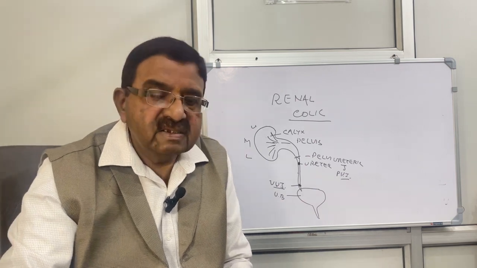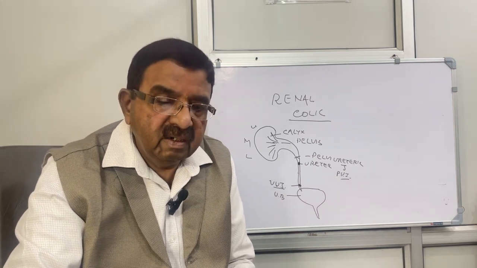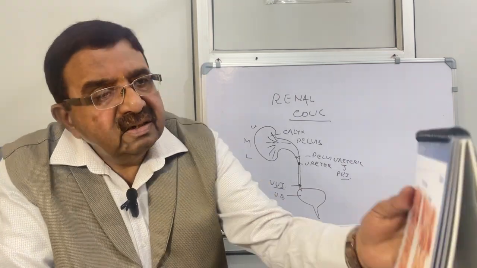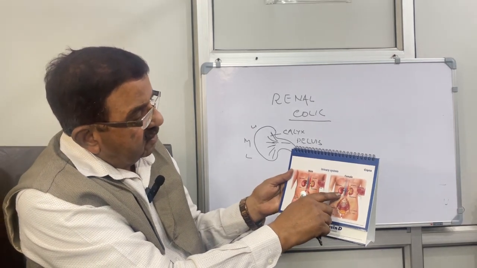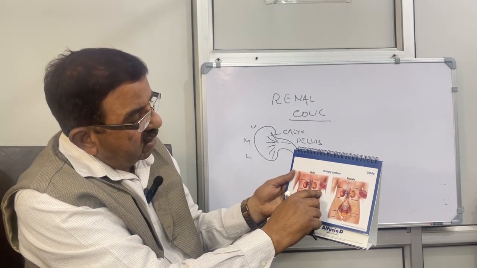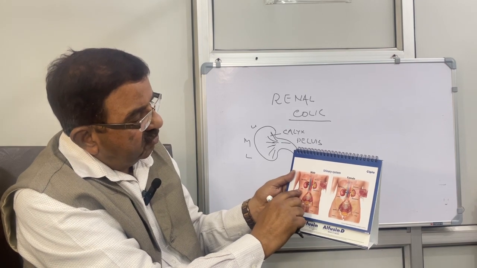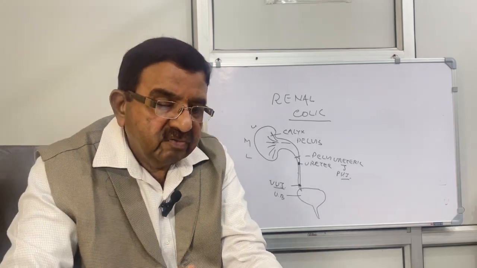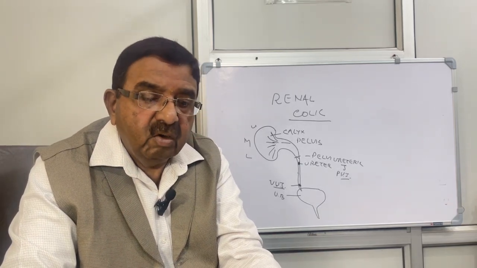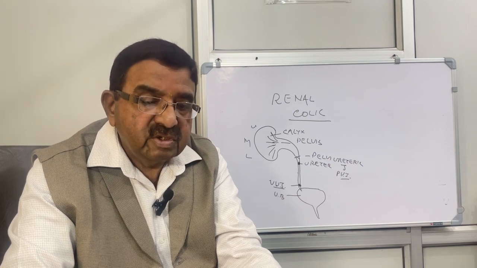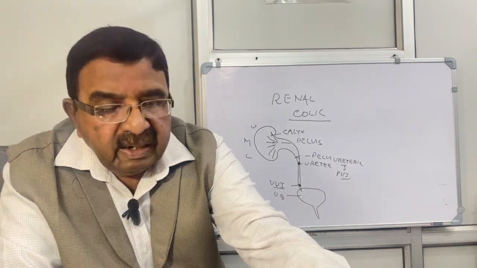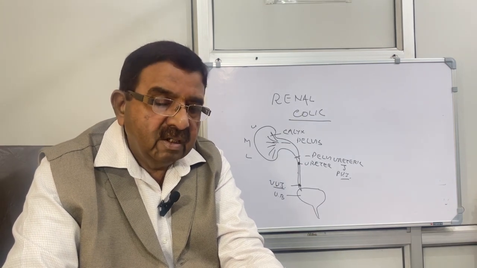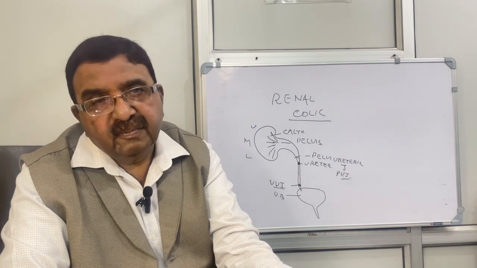It is defined as severe spasmodic pain in the flank of the abdomen. Flank of the abdomen means this is the flank, here below the ribs, the lumbar part of the abdomen, occurring all of a sudden, associated with nausea and vomiting due to renal calculus or calculi present in the urinary tract.